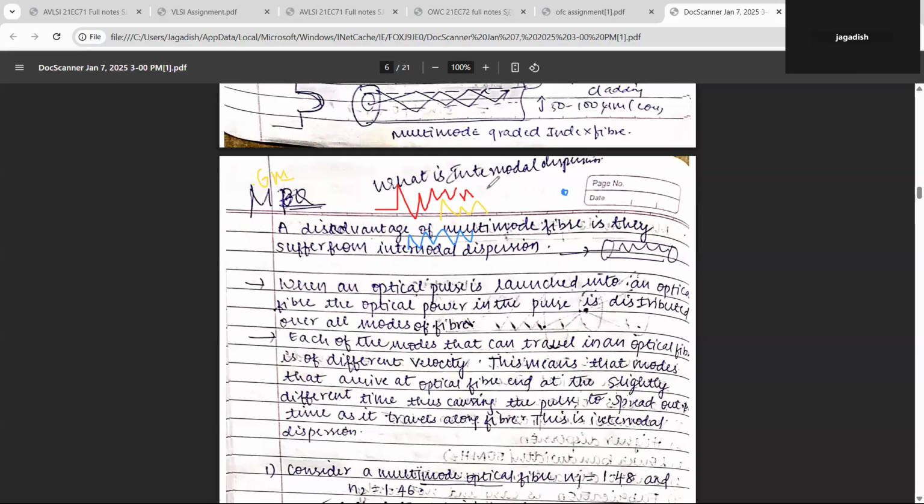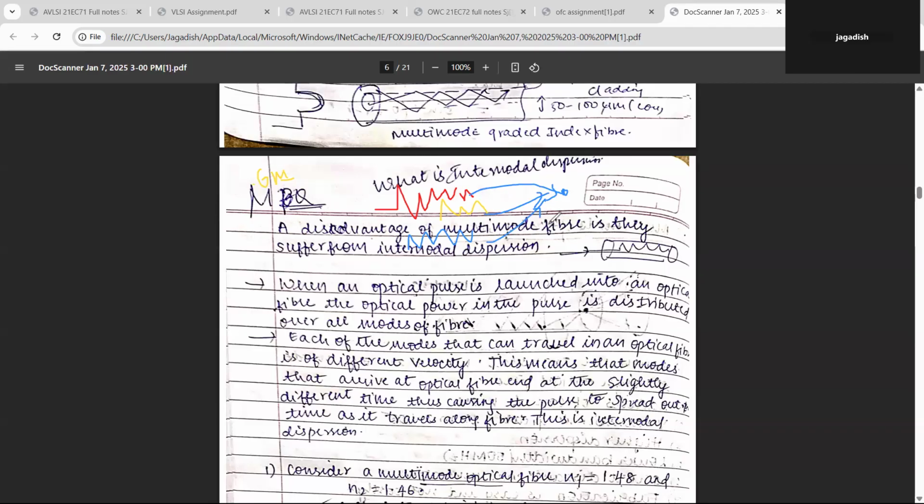So whenever light travels in a multimode graded index fiber, draw this diagram. These rays won't have the same velocity and same direction. So assume one ray reaches at 5 seconds, this one at 10 seconds, and this one at 15 seconds.